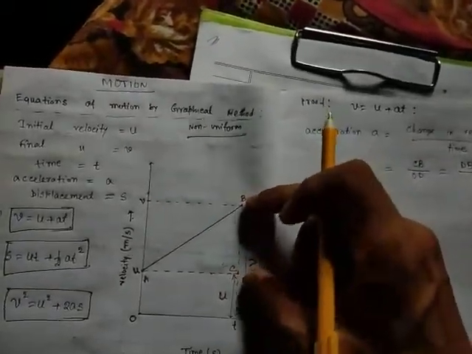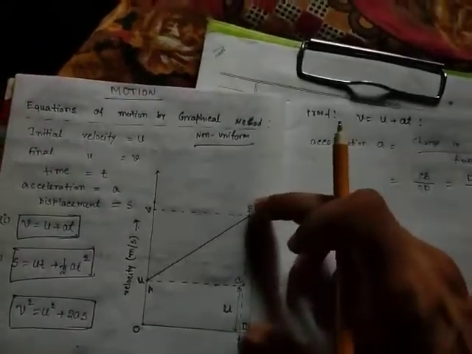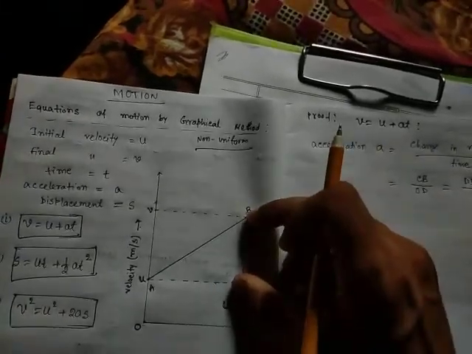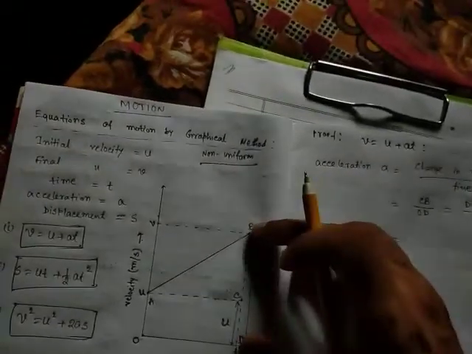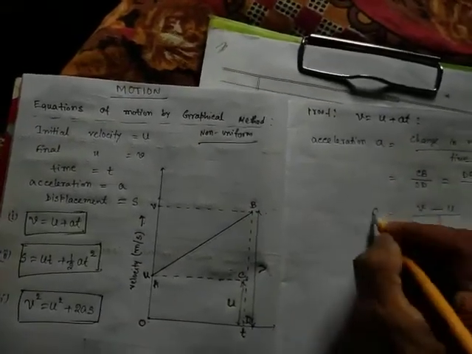So this one is equal to this much minus this much. If you subtract this much from this, you will get this much. Okay. Now see, DB is equal to what? DB means V, minus DC means U, upon T. So see, a is equal to V minus U upon T.